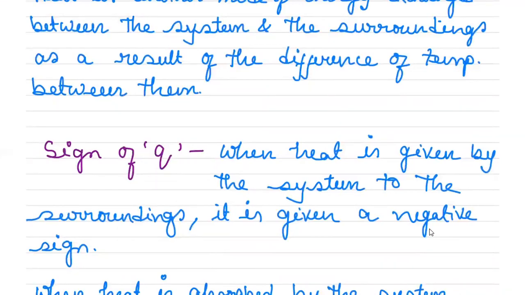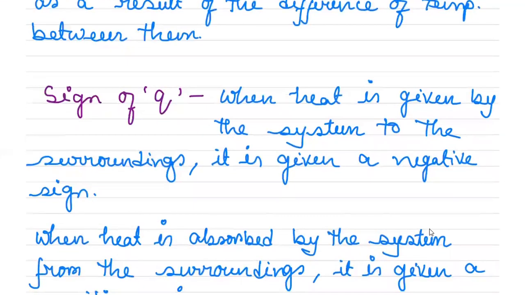When heat is given by the system to the surroundings, it is given a negative sign.